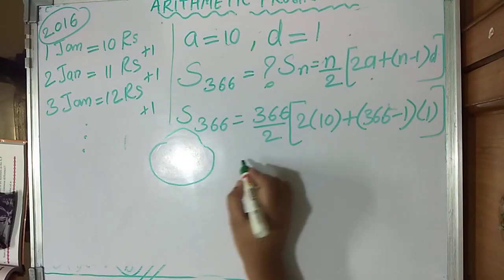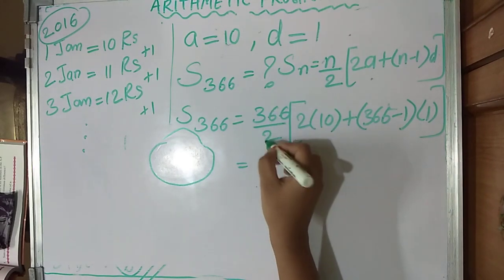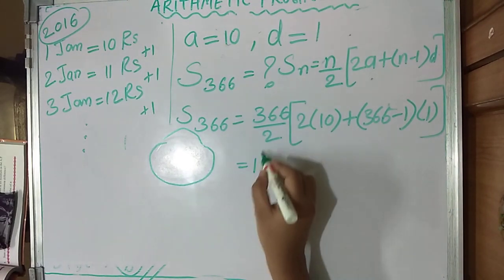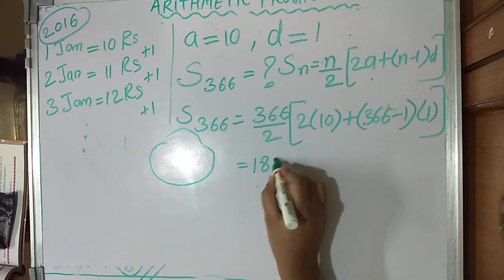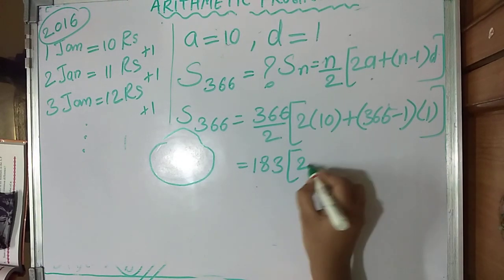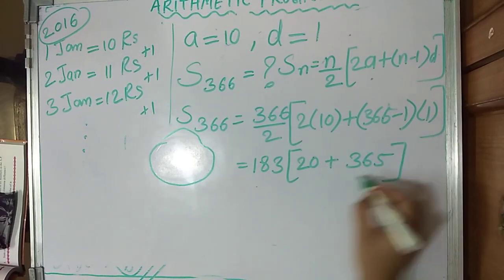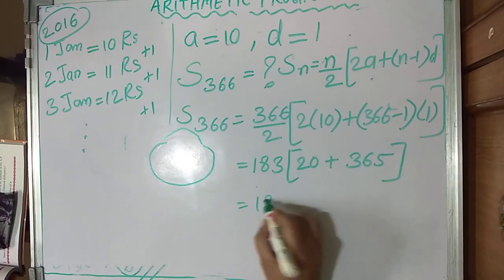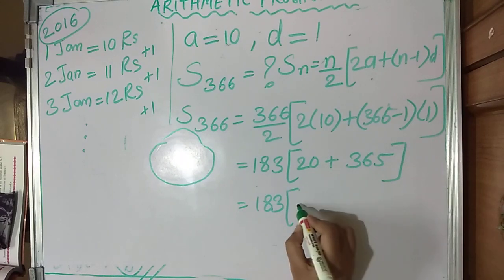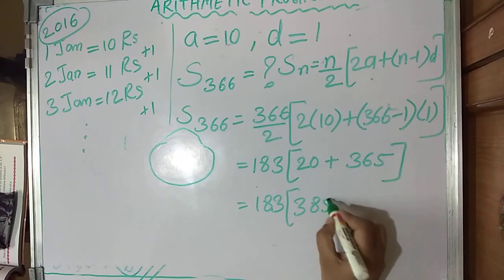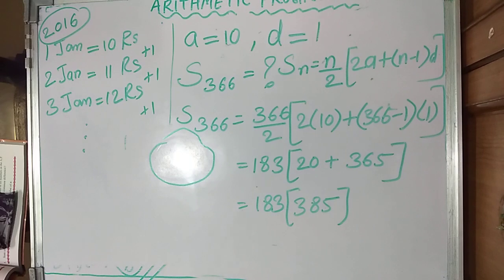D is 1. This will be 2 and 366 cancels, giving 183. 20 plus 365 is 385. So the answer is 183 into 385.